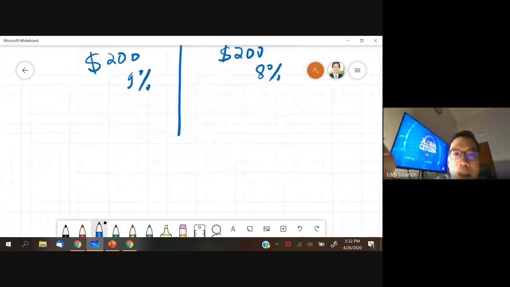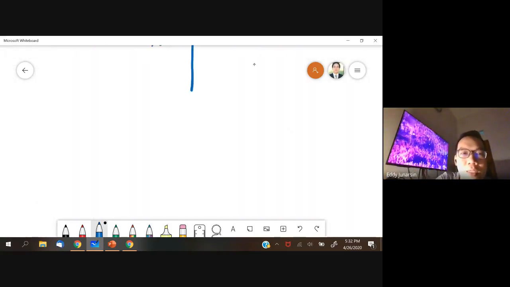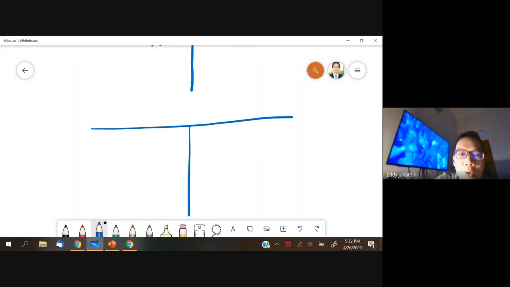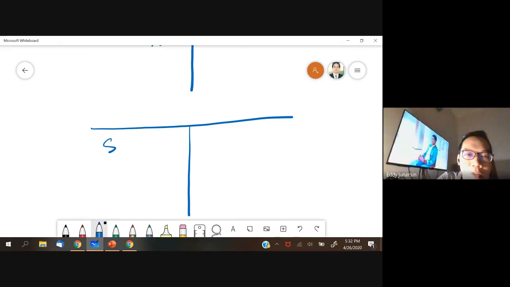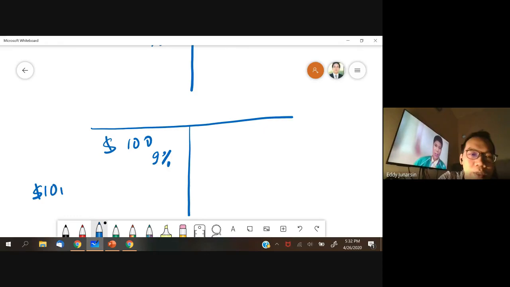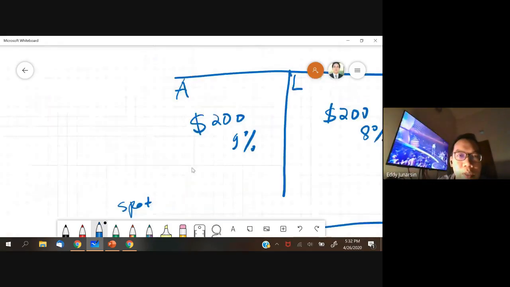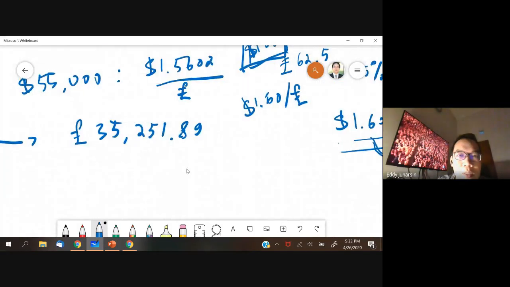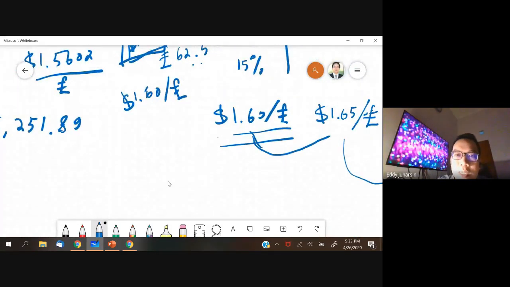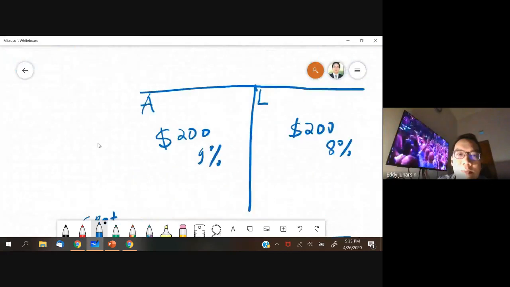Or the second possibility would be like this, right? Knowing that you will invest $100 million in the domestic market, but you will invest the remaining 100 in the foreign currencies at the spot rate of, let's check again to make sure. Our spot rate was 160, right?